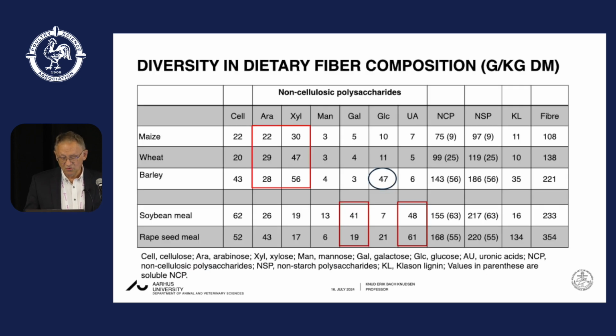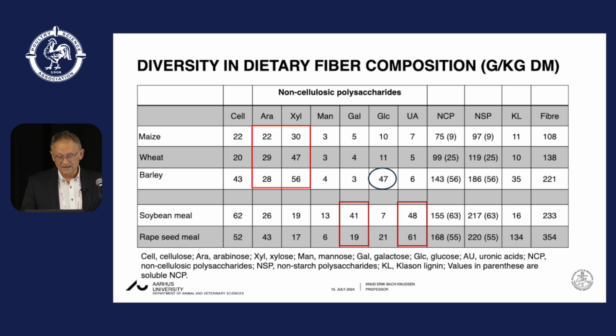You can have a look at some of these differences when you perform an enzymatic chemical gravimetric procedure for the individual sugar components that are present there. And what you can see here is that there are differences whether you are dealing with cereals up here, or soybean and rapeseed meals down here.